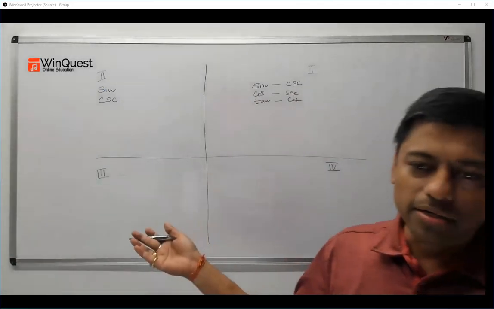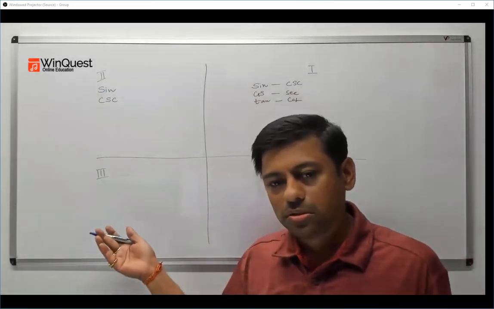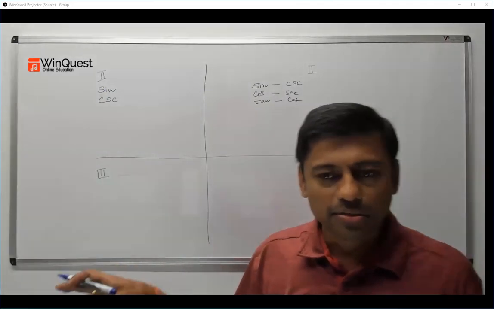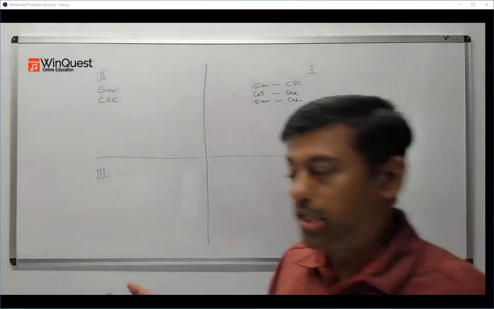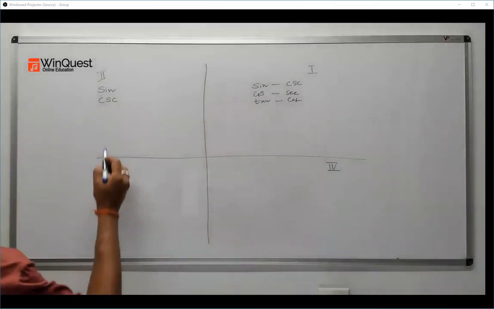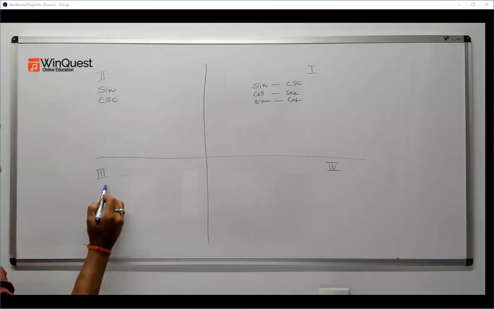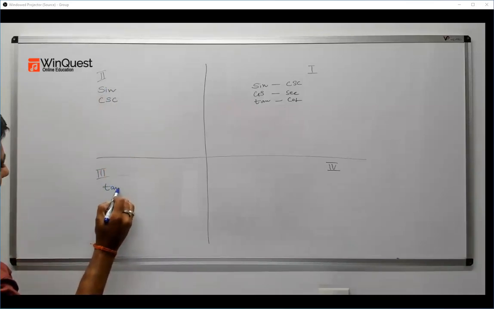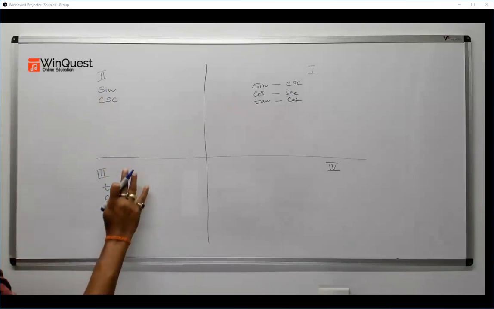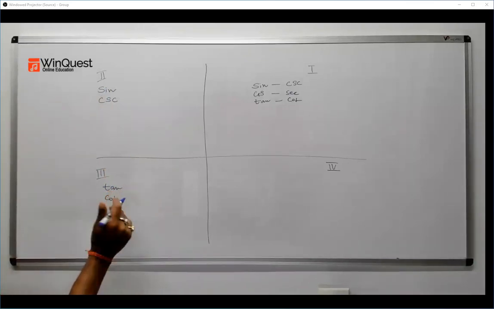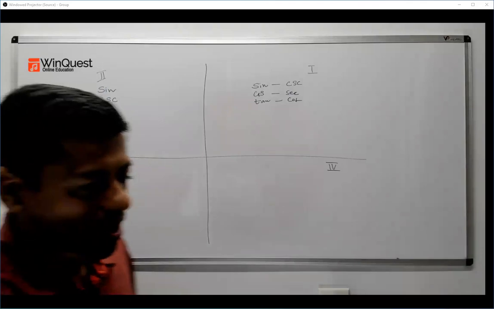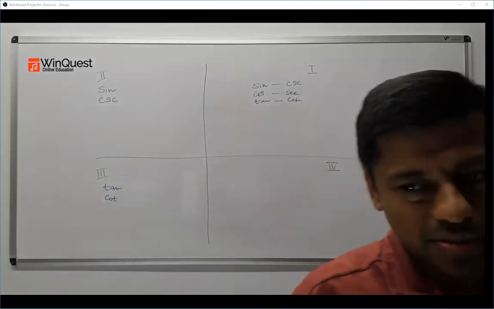Your third quadrant, your third house, is also owned by a friend of a different kind. This guy says, I will welcome only sporty persons. So he welcomes only tan and cot, who are very much interested in talking about baseball, soccer, and all these things.